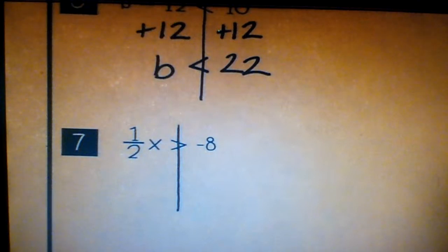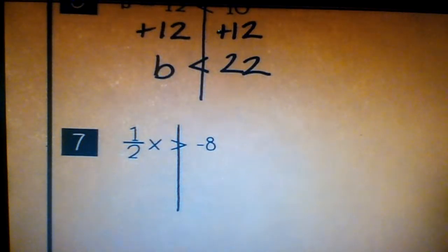Okay. So I agree with Krishan. He said we divide because right now you have 1/2 times X. Instead of dividing though, we can multiply by the, begins with an R, reciprocal.